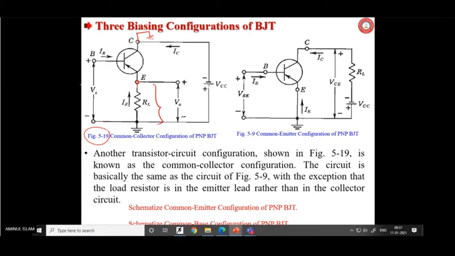Input is applied between base and ground. Since the collector is grounded, you see that the collector is common to input as well as output.